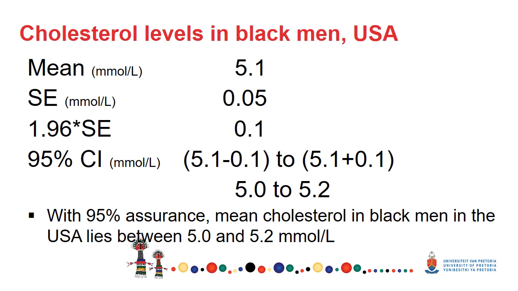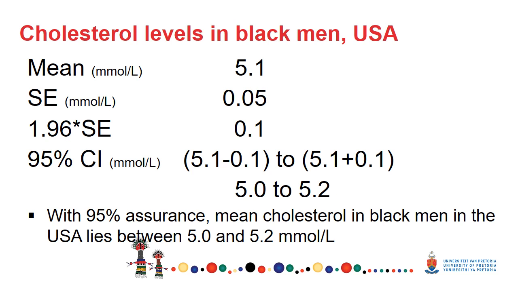To calculate the 95% confidence interval, we take the mean, 5.1, minus 1.96 times the standard error, which is 0.1. So 5.1 minus 0.1 gives us 5.0, which is the lower limit for the confidence interval. For the upper limit, it's 5.1 plus 0.1, which is 5.2.